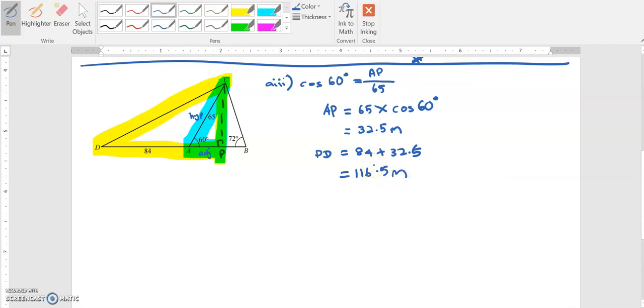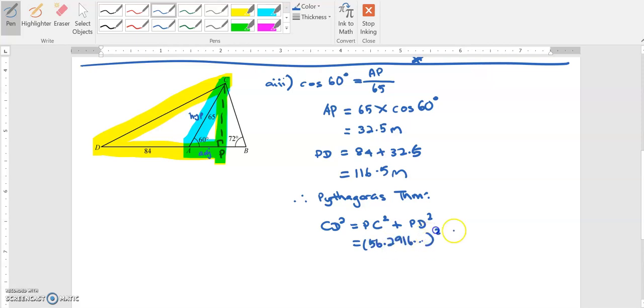With PD now, and PC that was calculated earlier, we can therefore use Pythagoras theorem. I will know therefore that CD squared equals PC squared plus PD squared, which gives me 56.2916 squared plus 116.5 squared.